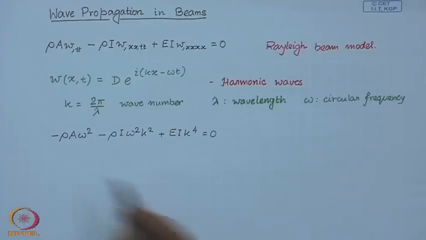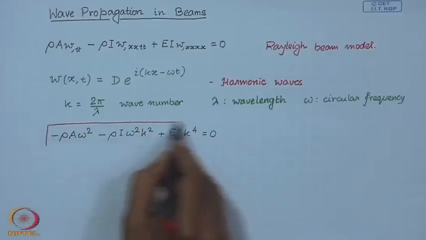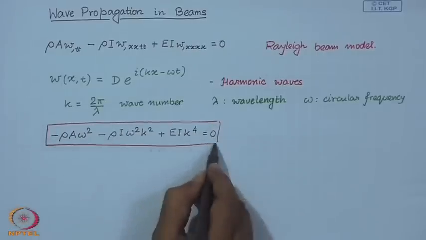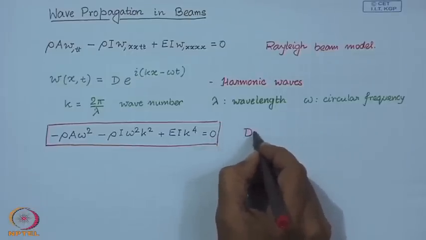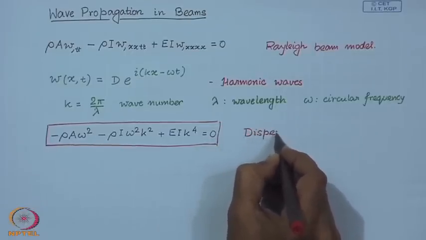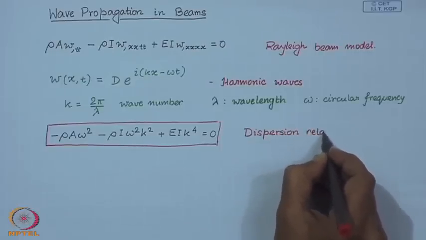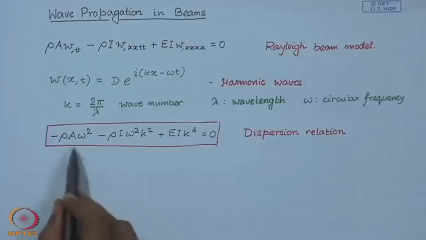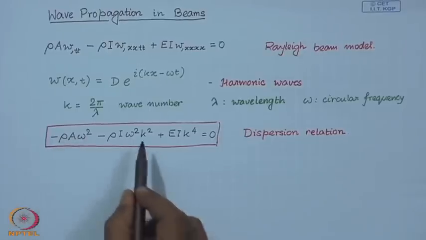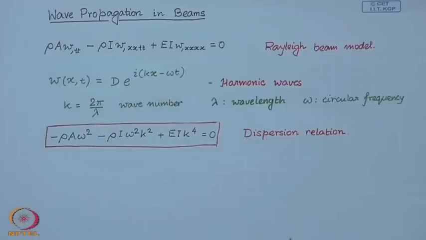Here I have substituted and simplified by removing the exponential term. This is known as the dispersion relation. So, this relates the frequency and the wave number of the harmonic wave that can propagate in the Rayleigh beam.